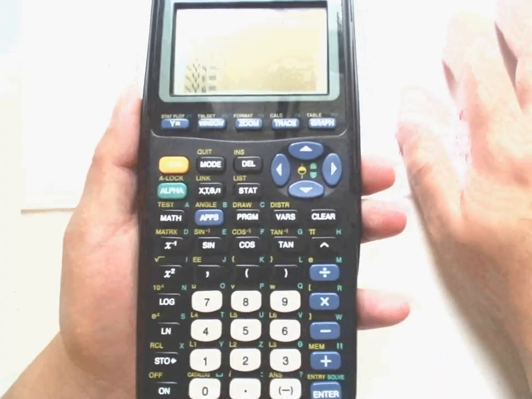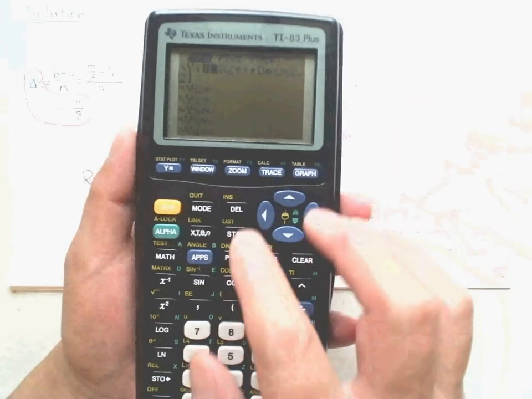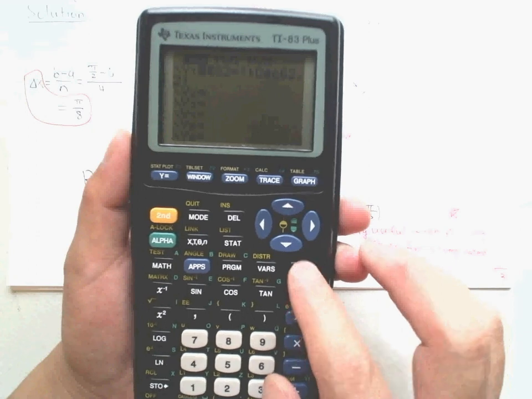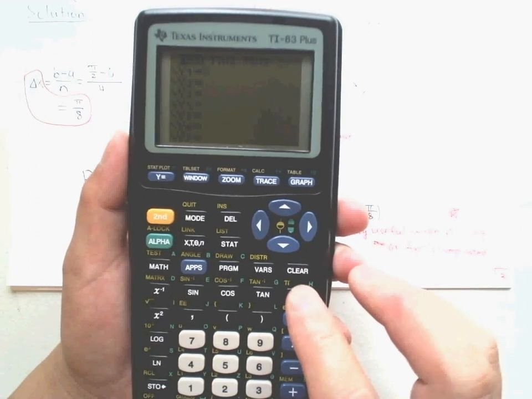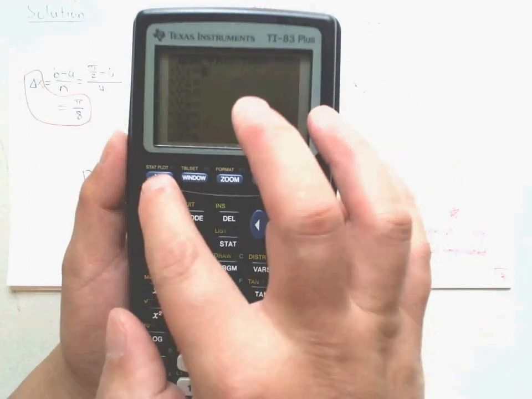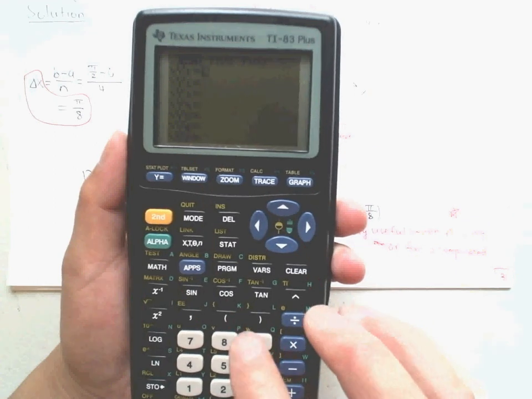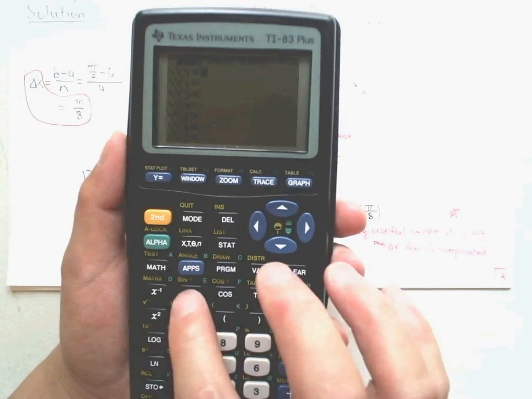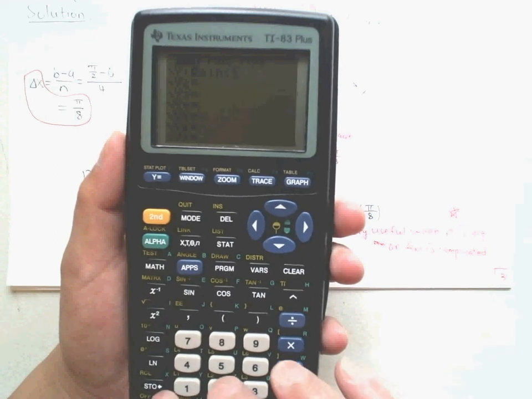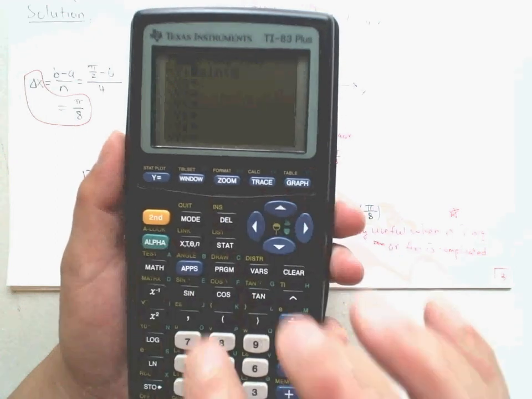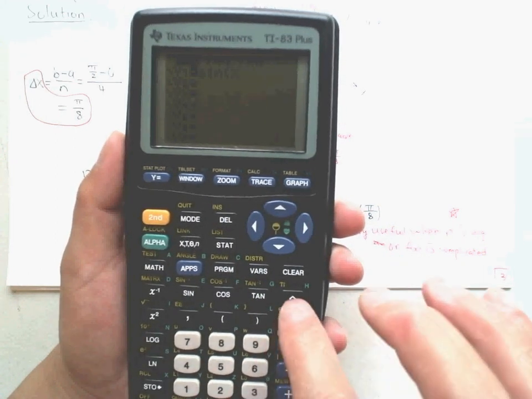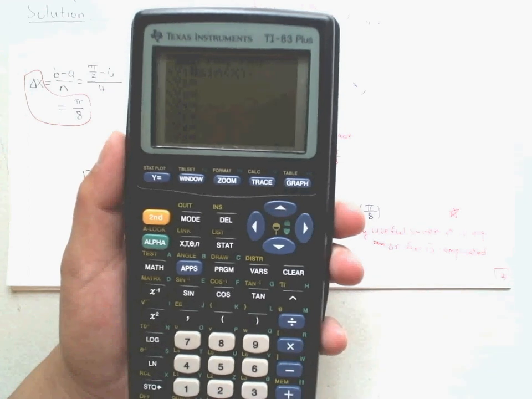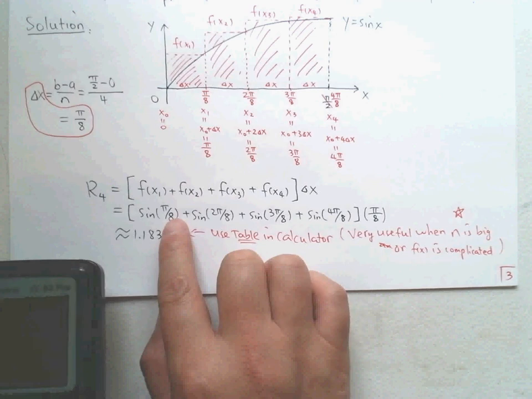So go to Y=, click here, go this way. First we define the function, so I clear my function. Y equals is the function, and my function is sine, right? So I find sine at x, because x is here, with the alpha key and parentheses.